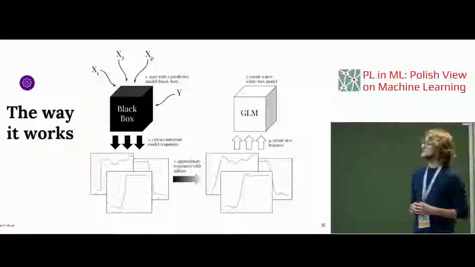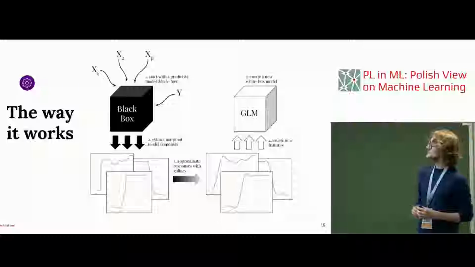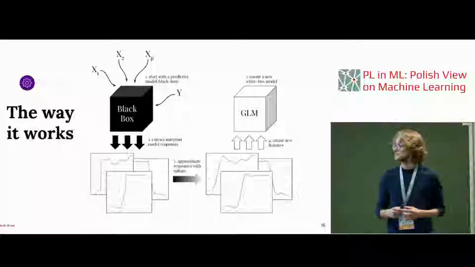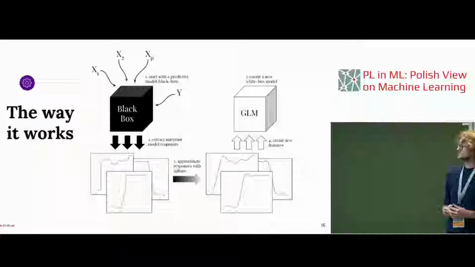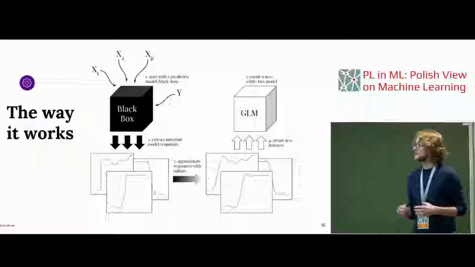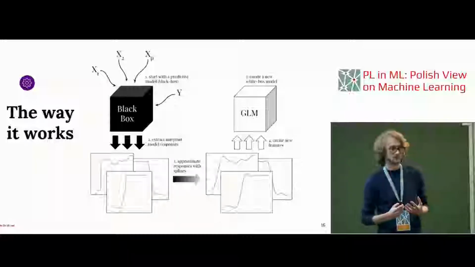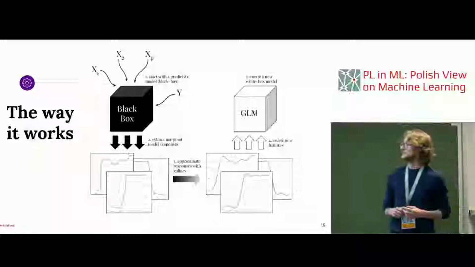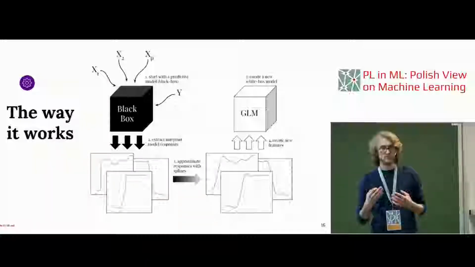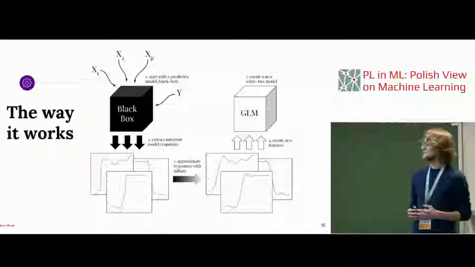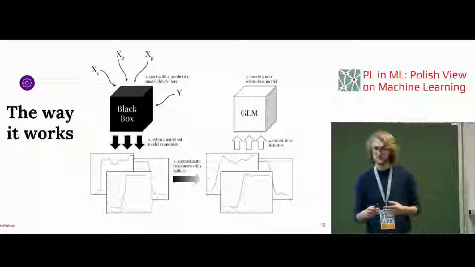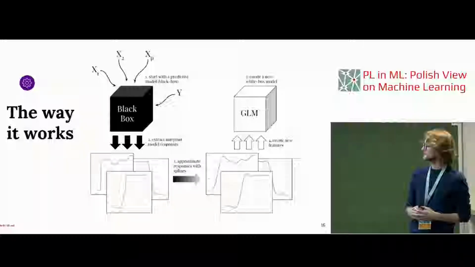Let's check how the exact algorithm works on this graph. At first we build the black box, which is a predictive model in this case. After that, we try to extract some marginal model responses from this model. These are one-dimensional functions, each of them assigned to a separate feature that was used to train the model.